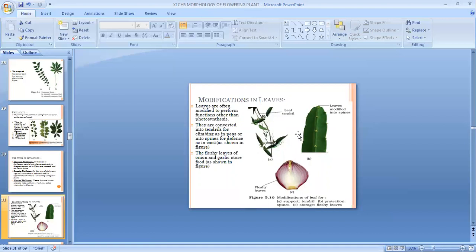They may be converted into spine, as in cactus, because you know cactus are the plants which you get in arid areas, desert areas. So there the leaves are converted into spine to reduce transpiration. The leaves may also be fleshy and store food, for example, in onion and garlic.